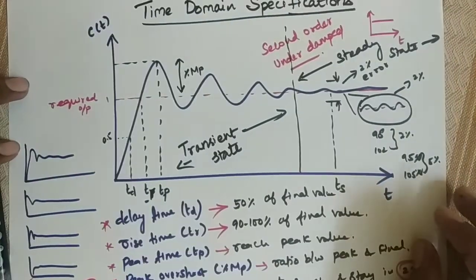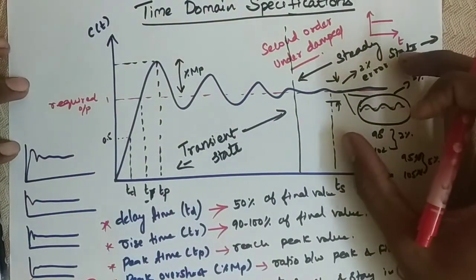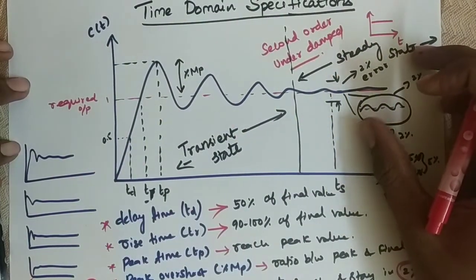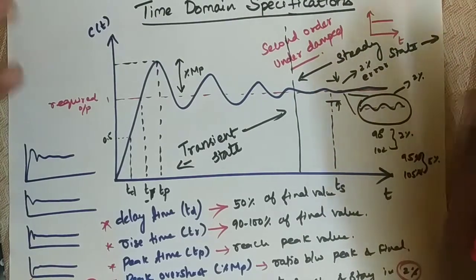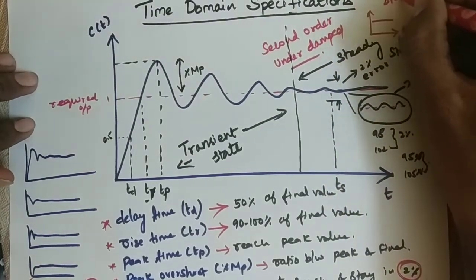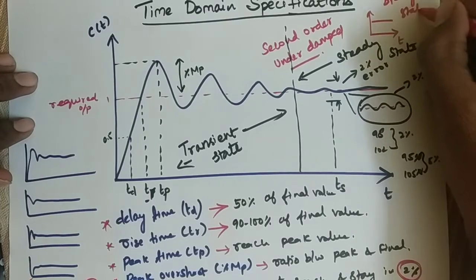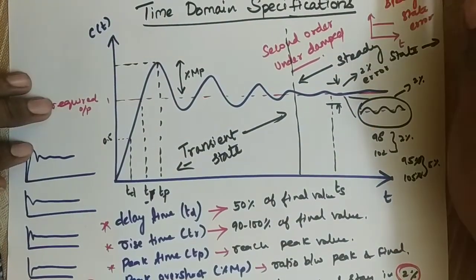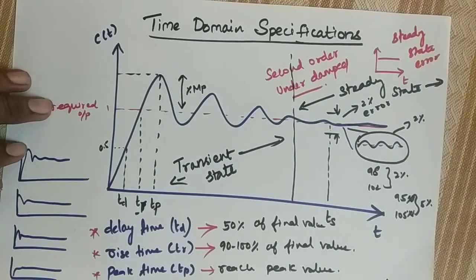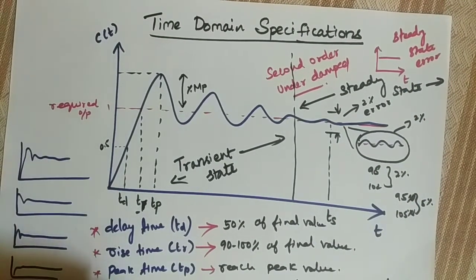Also, during this steady state period there will be an error, as I told you, 2% error, 5% error. Generally it is called the steady state error. Related to time, we have time domain specifications like these six.